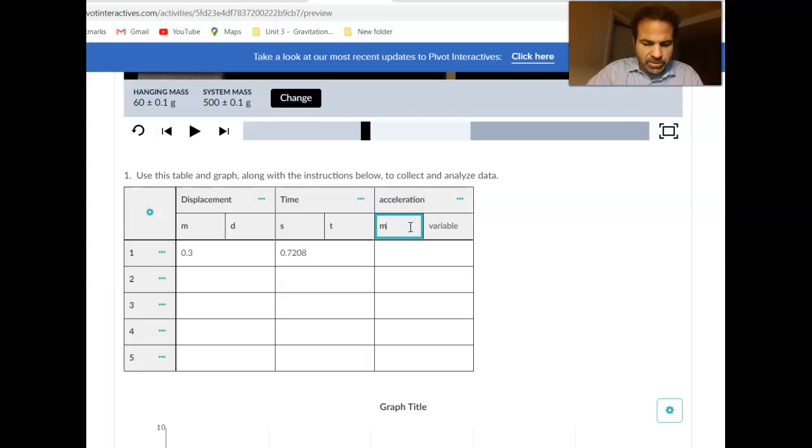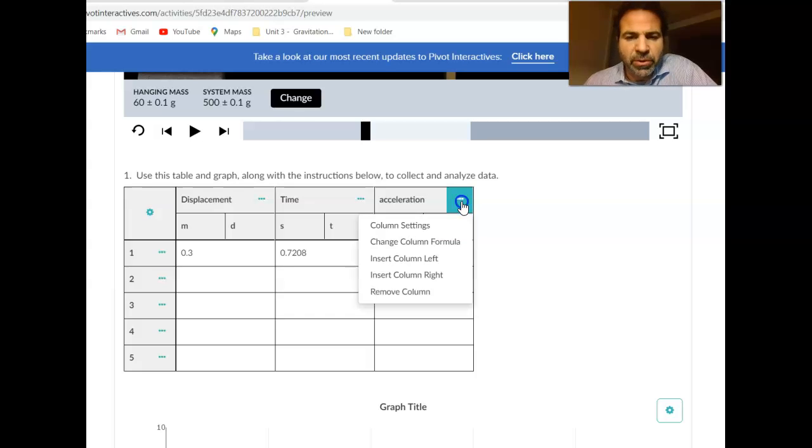I'm going to measure that in meters per second squared, variable a. I'm going to use a formula to do this. If we know it's starting from rest, we take our delta x equals v naught t plus 1/2 at squared equation, and we can rearrange it to get acceleration equals 2 times delta x divided by t squared.